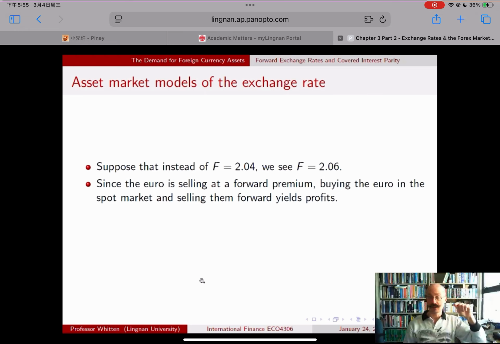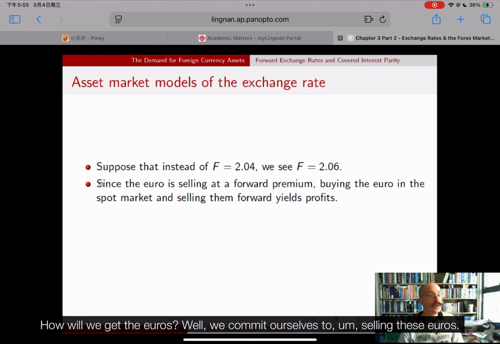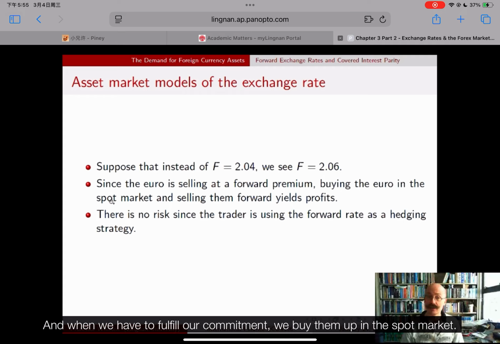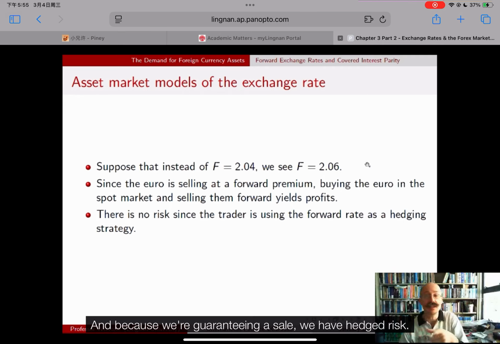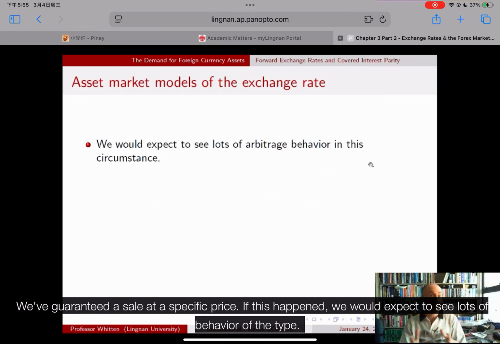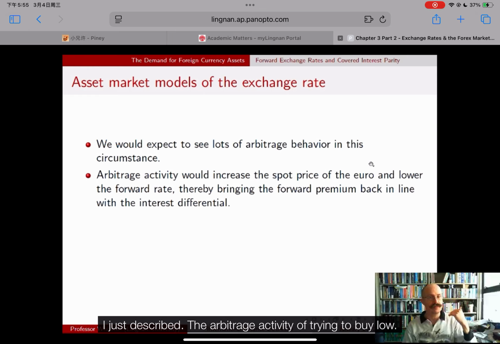How will we get the euros? Well, we commit ourselves to selling these euros, and when we have to fulfill our commitment, we buy them up in the spot market. And because we're guaranteeing a sale, we have hedged risk. We've guaranteed a sale at a specific price. If this happened, we would expect to see lots of behavior of the type I just described.